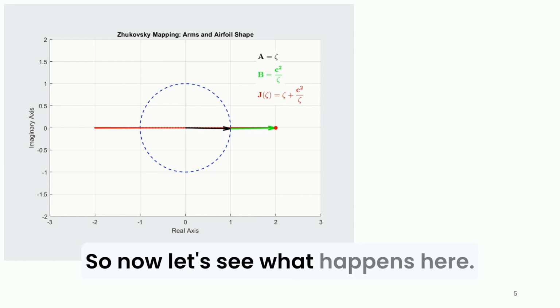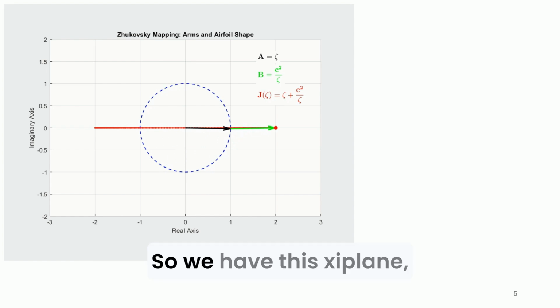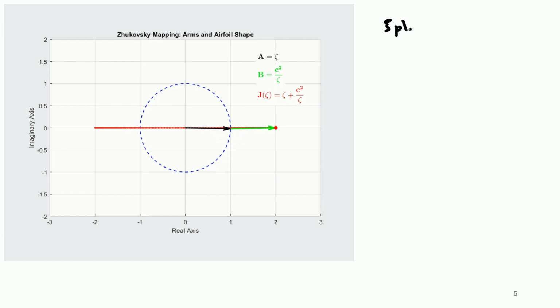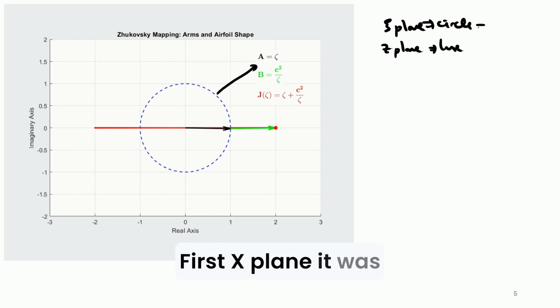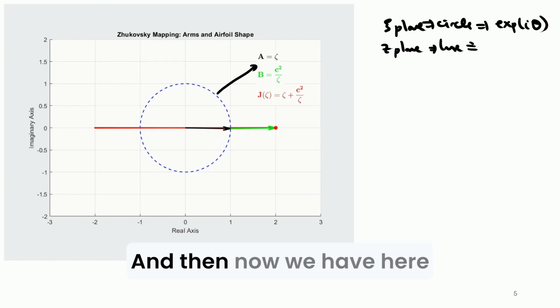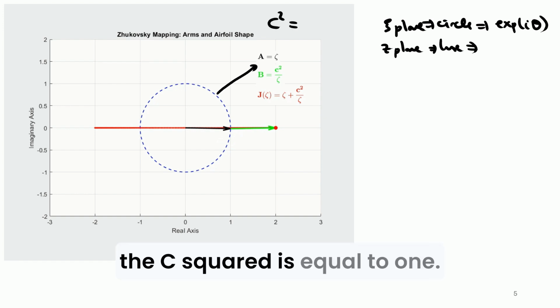Okay, so now let's see what happens here. So we have this zeta plane, which is the circle, and then we have the z-plane, which was a line. So let's see first, the zeta was exponential i theta, and then now we have here the c squared is equal to 1.